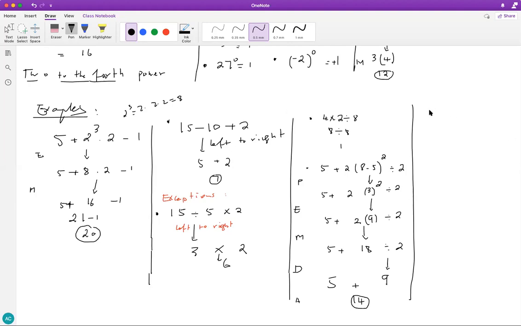Okay. All right, so let's do one more. So order of operations sometimes can involve fractions. For example, you may see something like this. 3 times 2 to the second minus 1 over, let's say, 2 plus... it could be a fraction like this, but basically it's the same thing.